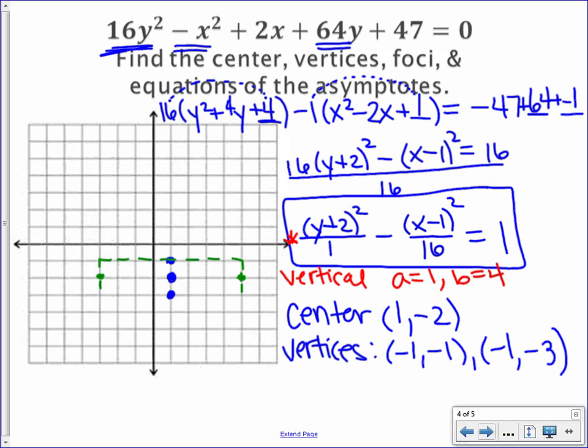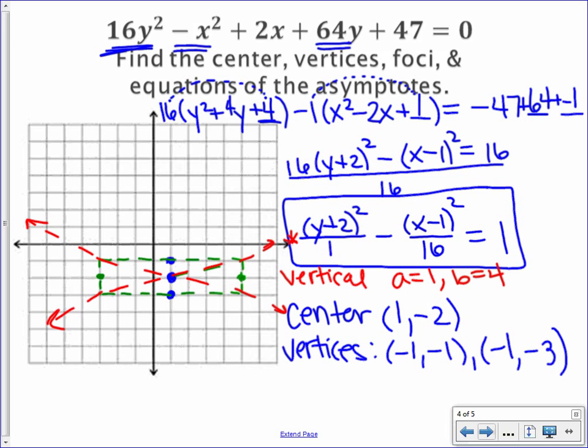And you may even get to a point where you don't need to draw the rectangle, and that's fine. But please be very careful and be very precise when you're drawing the lines of your asymptotes. Our asymptotes go through the diagonals, which will also hit through the center.